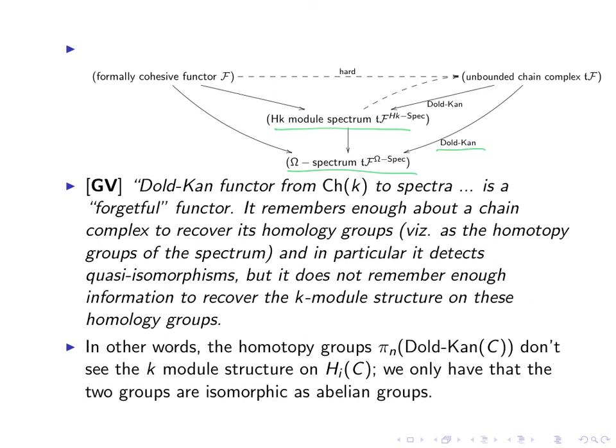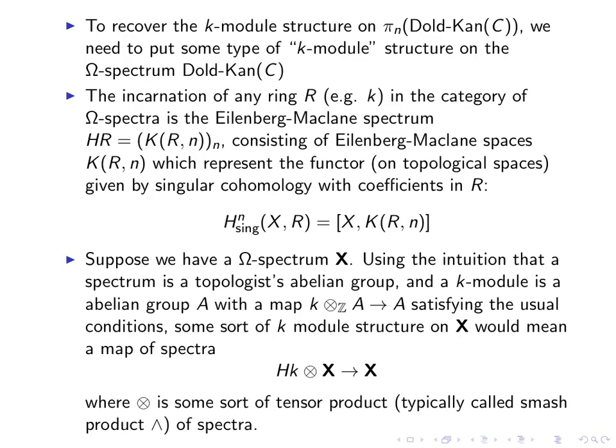So in other words, the homotopy groups pi_n of Dold-Kan of C don't see the K-module structure on these homology groups. We only have that the two groups are isomorphic as abelian groups. And so to recover this K-module structure on the homotopy groups, we need to put some type of K-module structure on the spectrum Dold-Kan of C.